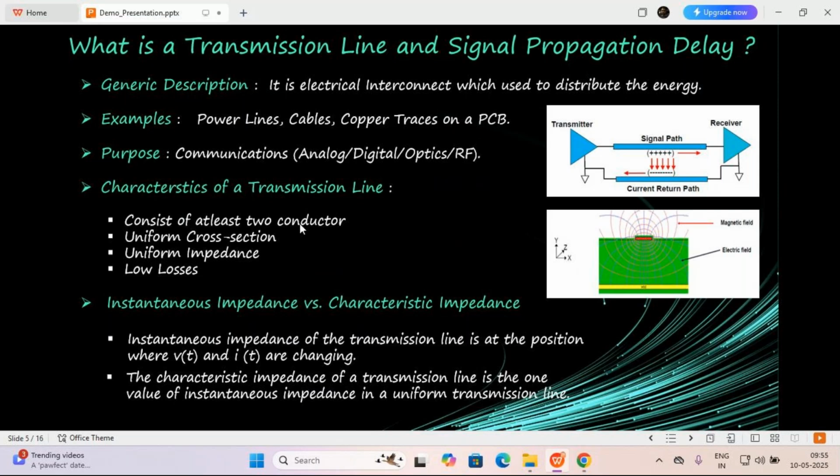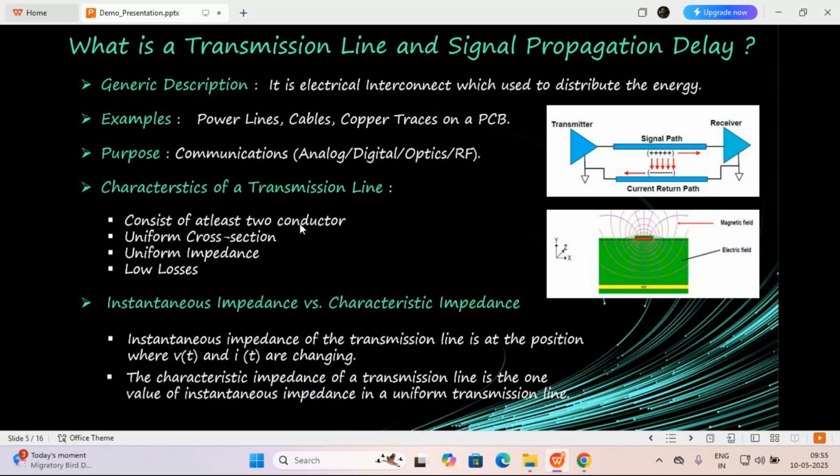Then the second property of a transmission line: it should have a uniform cross sectional area. The cross sectional area means the width or the thickness of the transmission line should be the same throughout the channel. It should not change. Why it should not change, we will study in further slides.